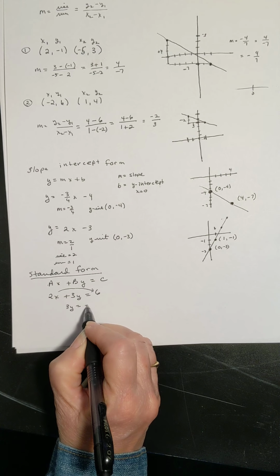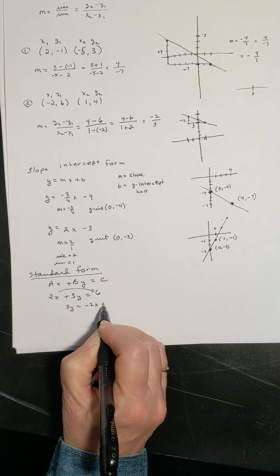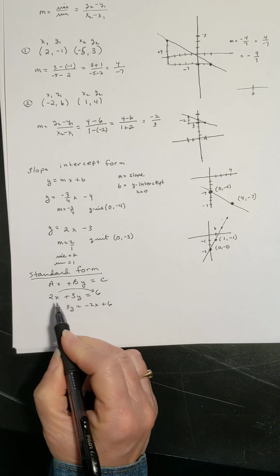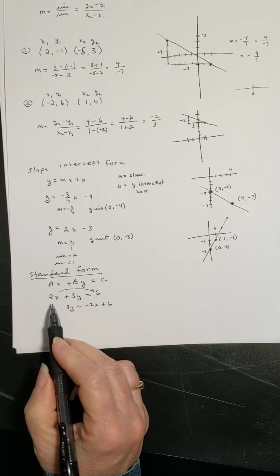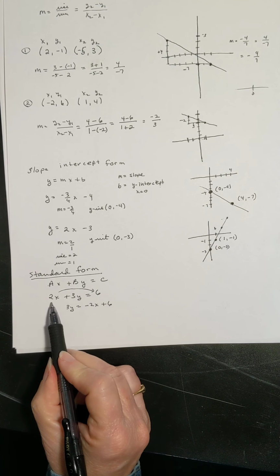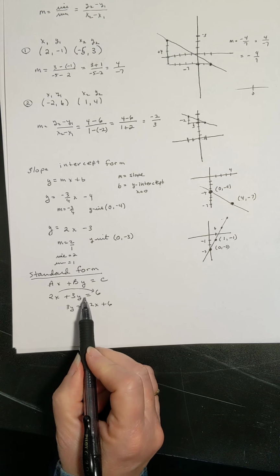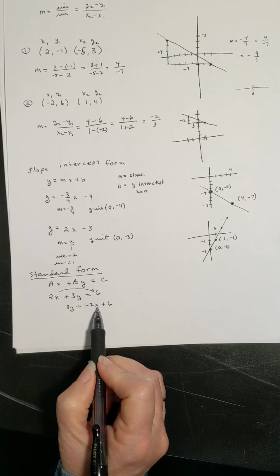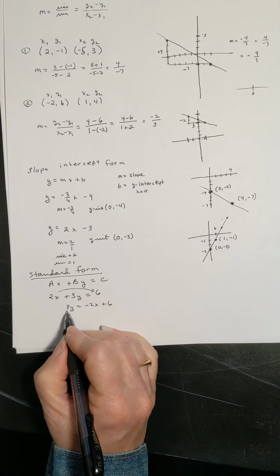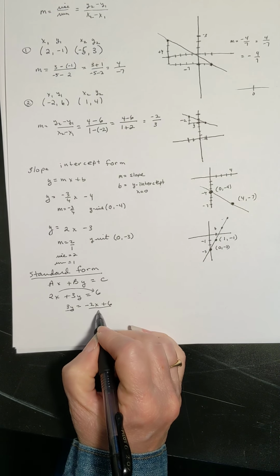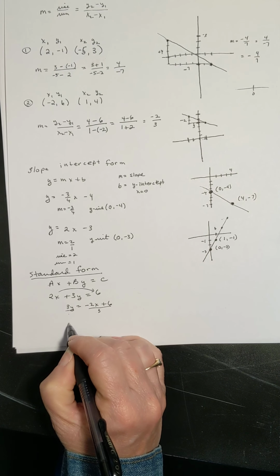When it changes sides, it changes signs. All right? So bring the 2x over. So changes sides, changes signs, and basically what you're doing is you're subtracting 2x over here, so this goes away, and you're subtracting 2x here, and so you get negative 2x. Then you're going to divide both sides of the equation by 3 to get the y by itself.